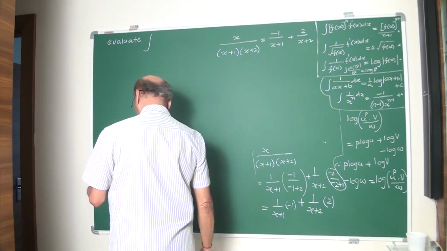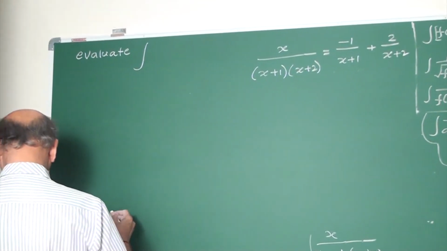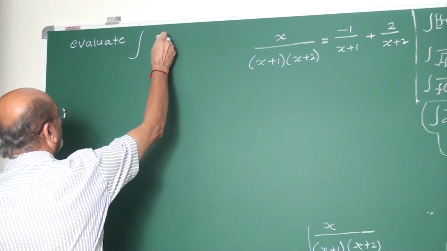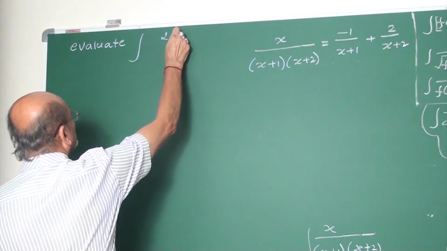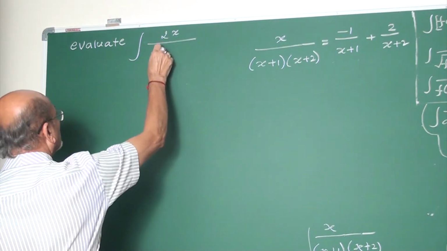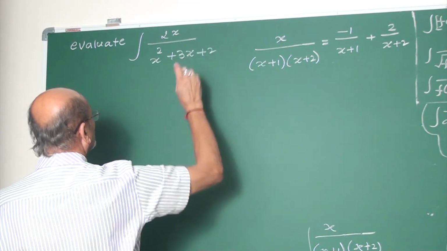Yes, the second method is, evaluate, friends, integral 2x upon x square plus 3x plus 2.